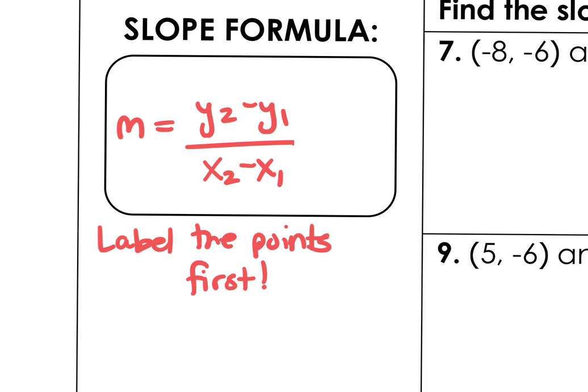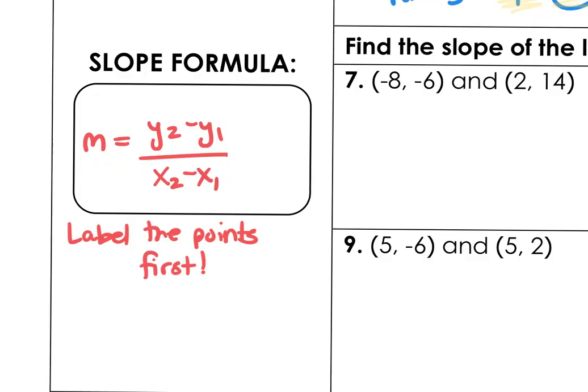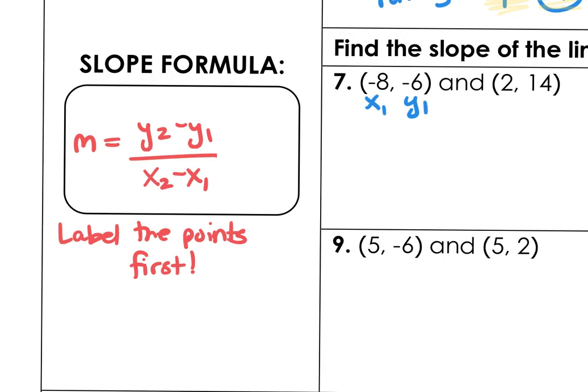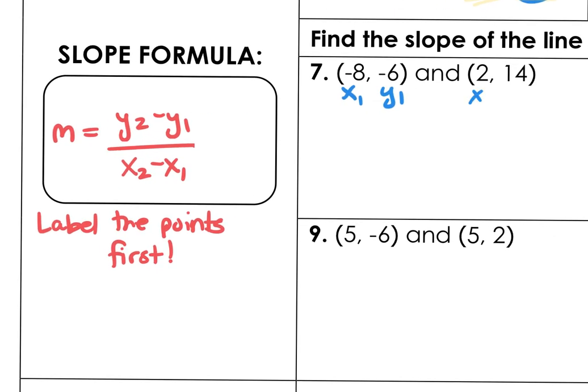So now they're not going to give me a graph. I'm not just counting rise over run. I'm going to use the slope formula. You all have done this before. If I look at number 7, the first thing I'm going to do is label the first ordered pair x1, y1. I'm going to label the second ordered pair x2, y2.